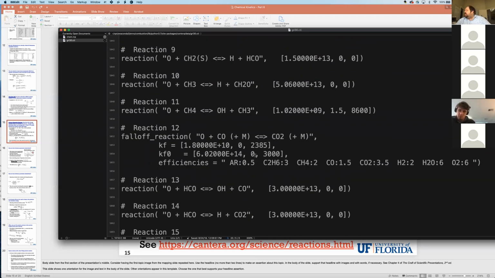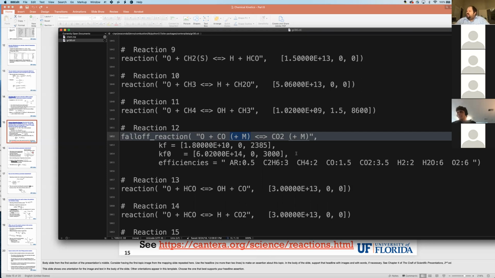Yeah, here's one. Here's a fall-off reaction. So this is called a pressure fall-off reaction. We have O plus carbon monoxide, and that nominally goes to CO2. And then at high pressure, the third body effect is important, and at low pressure, it's not important for this reaction.